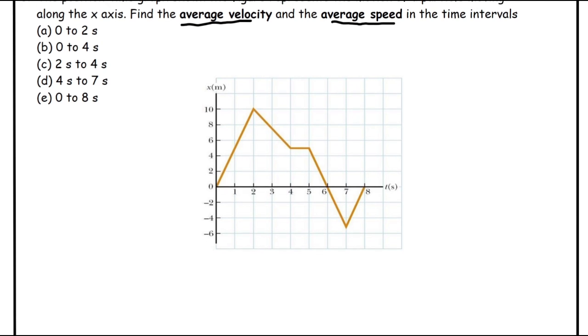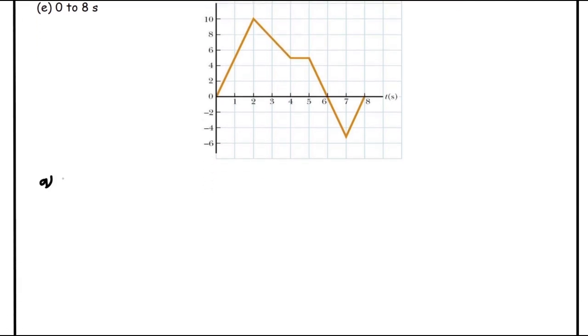So let's begin. We'll abbreviate average velocity as AV and average speed as AS. Average velocity is displacement over the time taken. Now, because we have intervals, we'll say final displacement minus initial displacement over final time minus initial time.